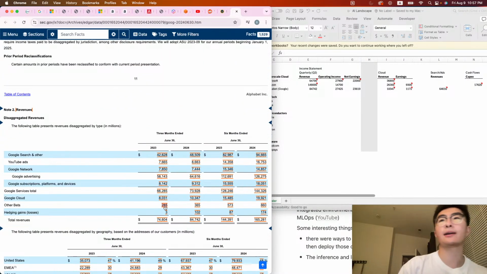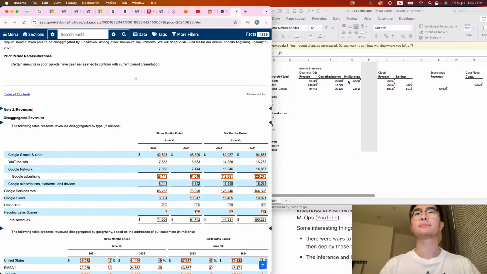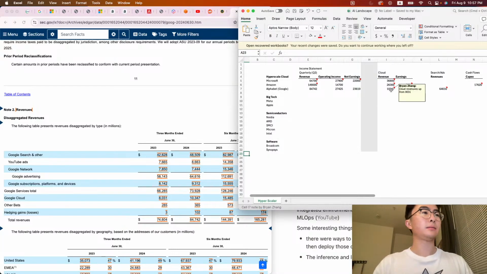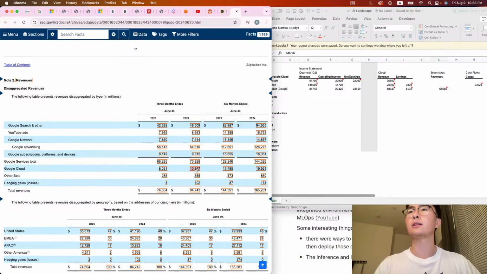Other bets. I like how they call it bets. Google advertising. Is this the same? 6.4, yeah. Google Cloud 10.347. Total, okay.